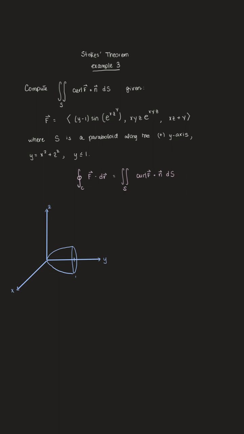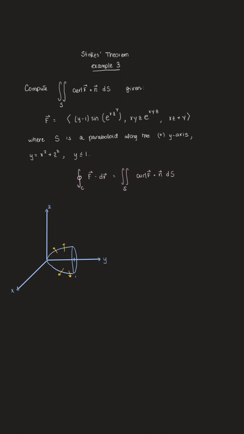Now, if we use outward pointing normals, right? So if we imagine that the normals on our surface are pointing outward at every point, then we need to think about how we would orient our curve so that it's compatible with outward facing normals. So I'm making the assumption here that we want outward facing normals.